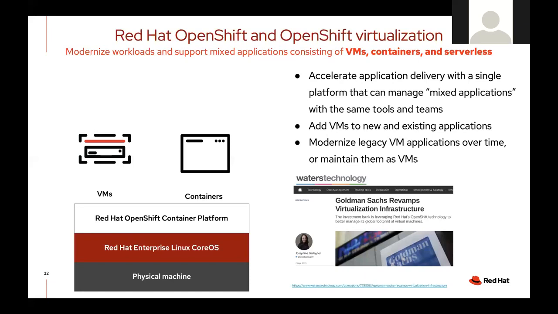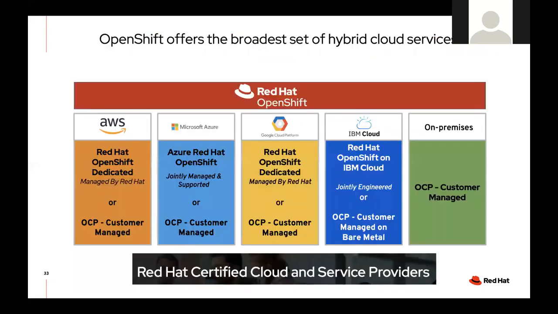Based on a specific trigger, a stream of events, the actual application wakes up, deploys in milliseconds, and scales out as your policy requires. And once that event or stream of events or trigger fades or goes off, then the actual application will scale back to zero. So serverless functions are a new way of deploying applications for specific use cases, and it's already supported on Red Hat OpenShift.